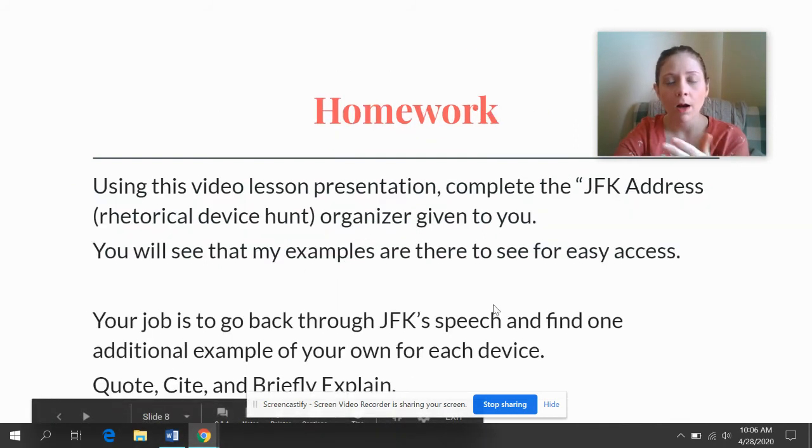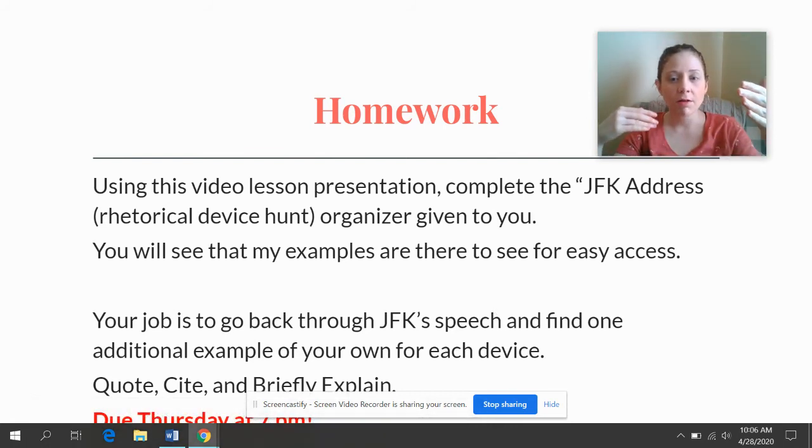Now, your homework is to use this video lesson and this slideshow to complete the JFK Address Rhetorical Device Hunt graphic organizer given to you. We'll open that up in a minute. You will see that the examples that I just said are also on that document.